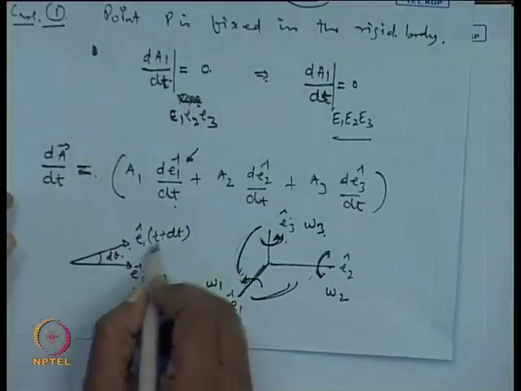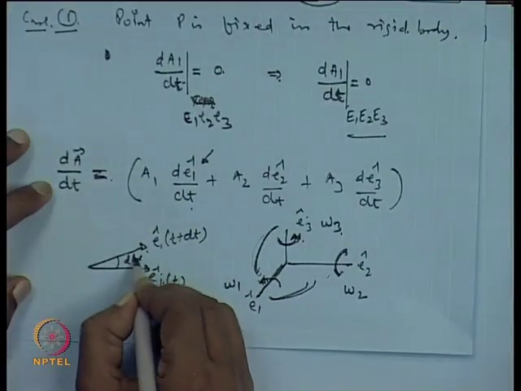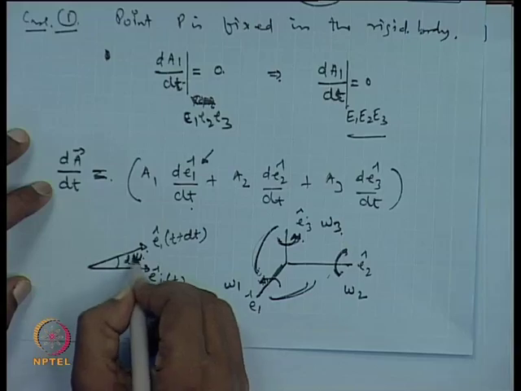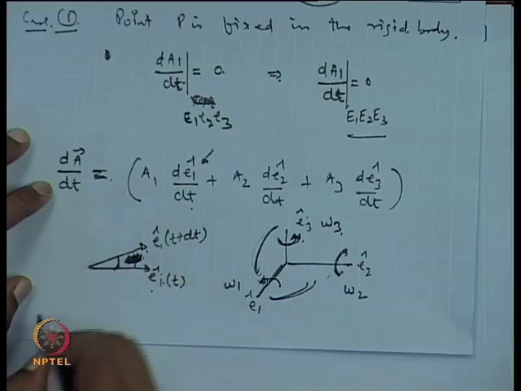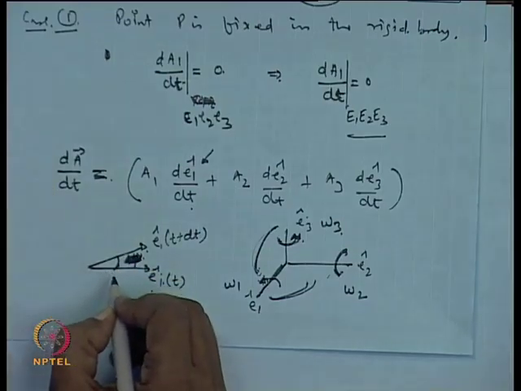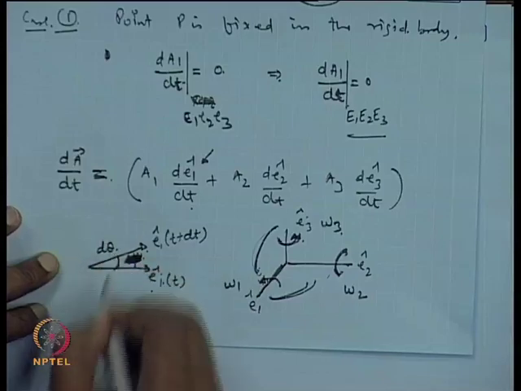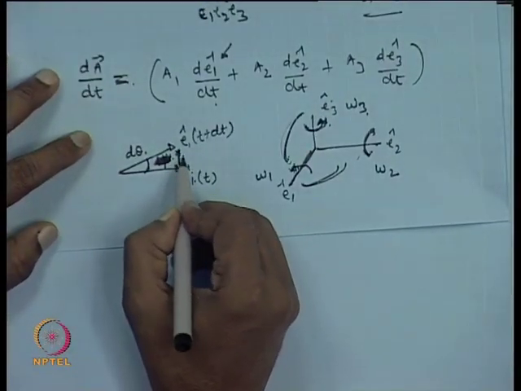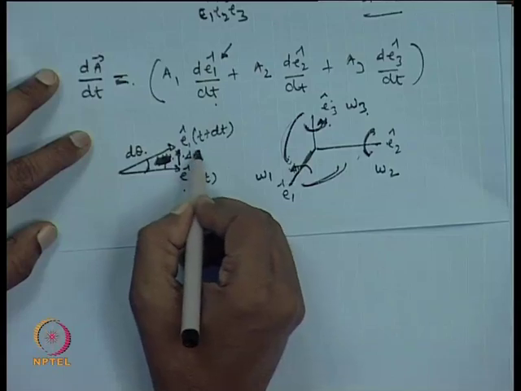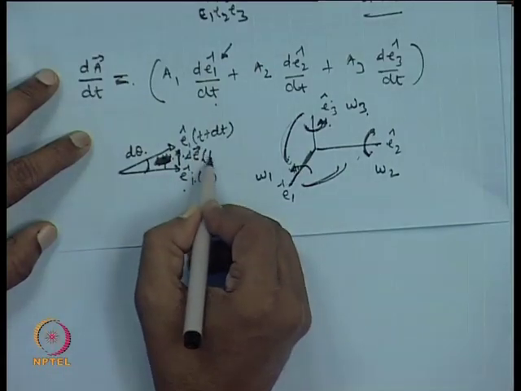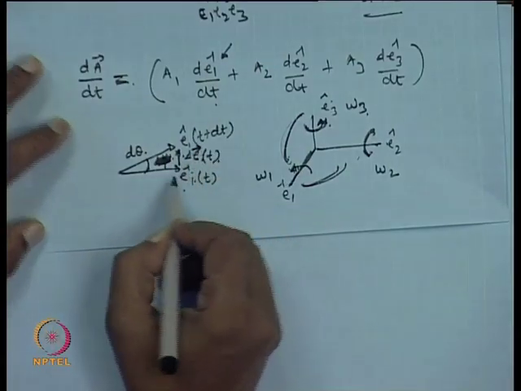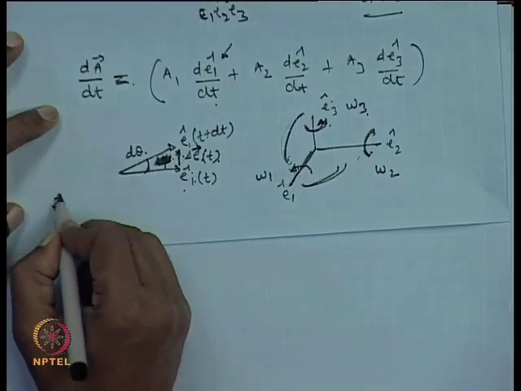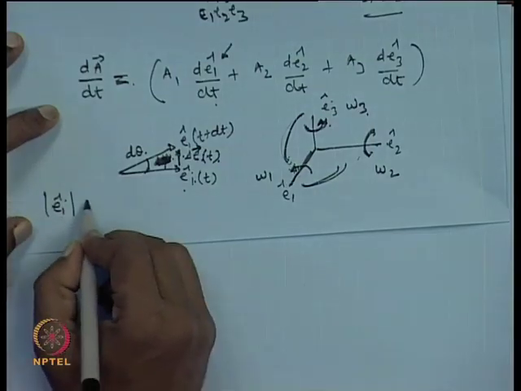So, the rotational rate of this, now we start, and let us put this as something. Okay, we write it as d theta only. So, the change is delta E t, and this change you can write as magnitude of E 1 cap times d theta.